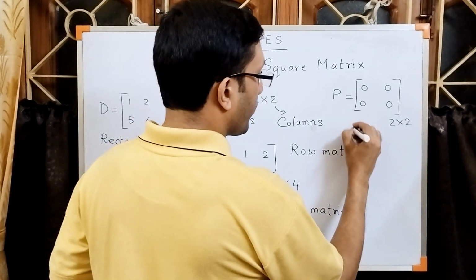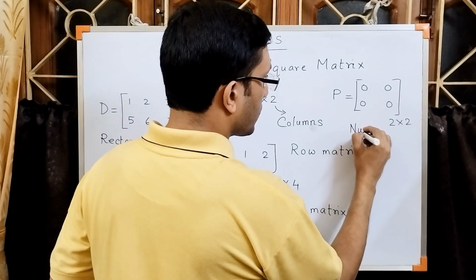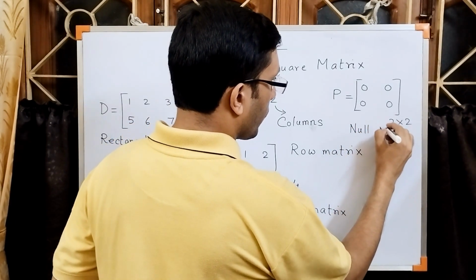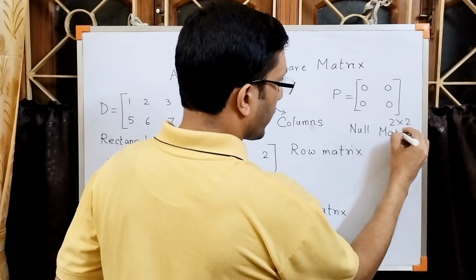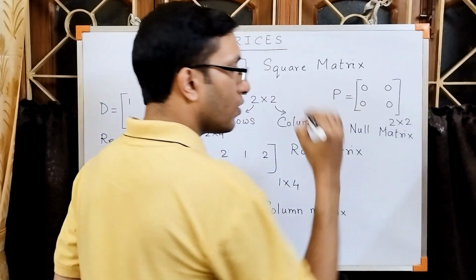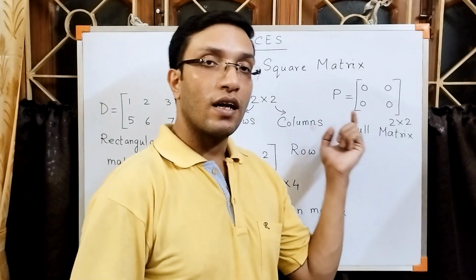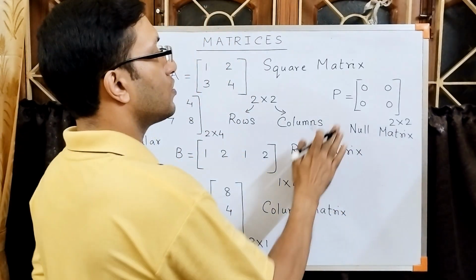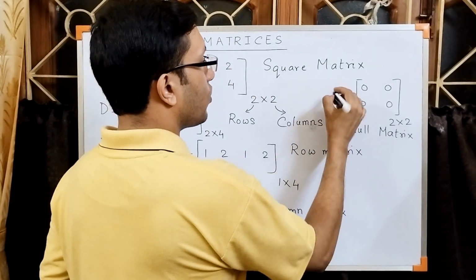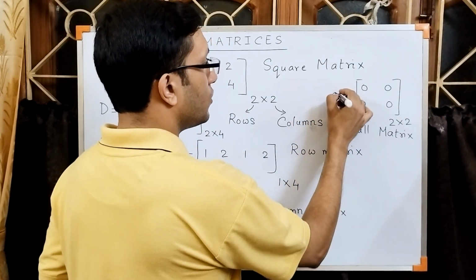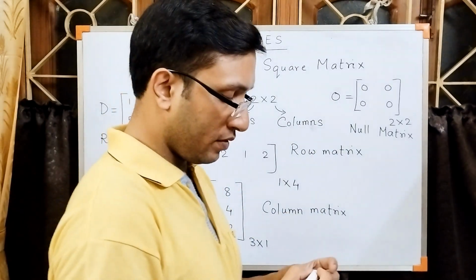The name of this matrix is null matrix or zero matrix, and sometimes it is denoted by O.